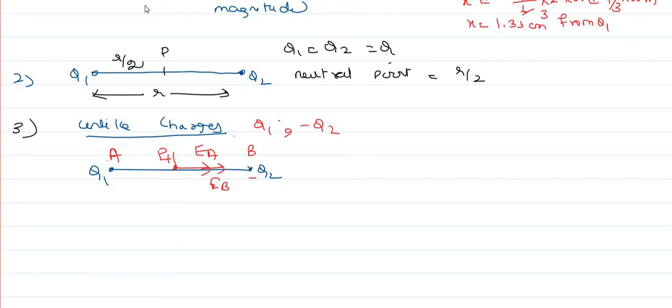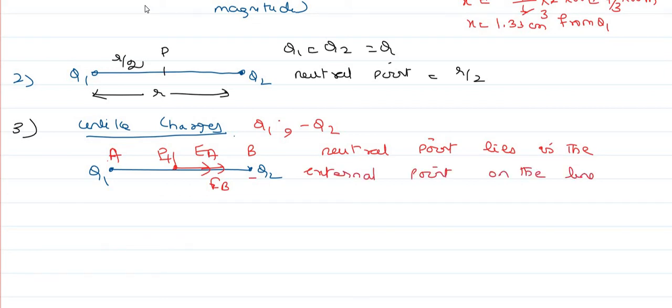So it is an addition, you cannot cancel it. So the neutral point lies external, on the line joining the two charges.